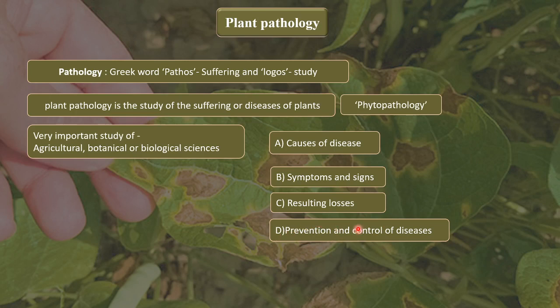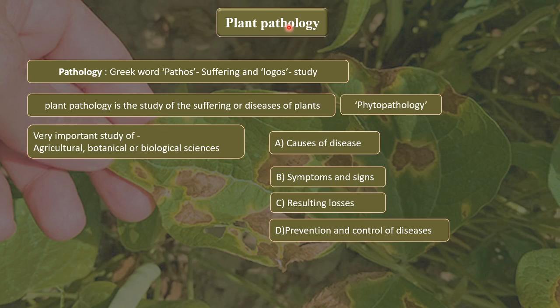So this study of plant pathology deals with all of these four things, which gives us an insight into disease caused to the plants. Also nowadays plant pathology is studied as a totally different branch.